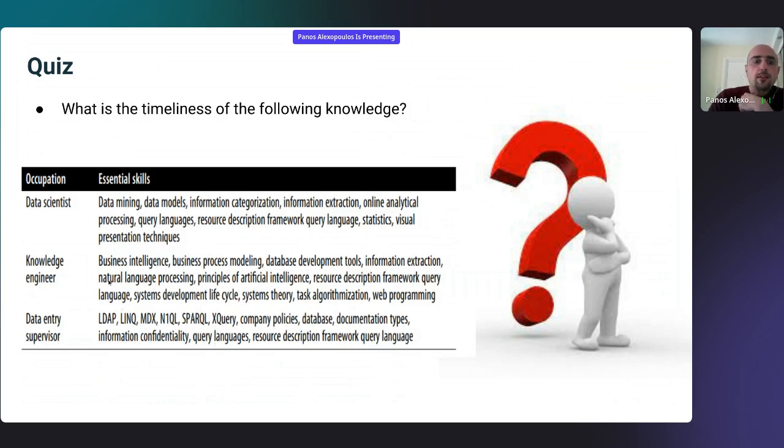Or it may be that a knowledge engineer now also needs to know more advanced NLP, like language models like GPT-3 or other types of skills, right? So in that sense, you can have a perfectly correct knowledge graph for when it was developed, but then it's not timely anymore. The knowledge it contains is not relevant anymore, it's not correct anymore.